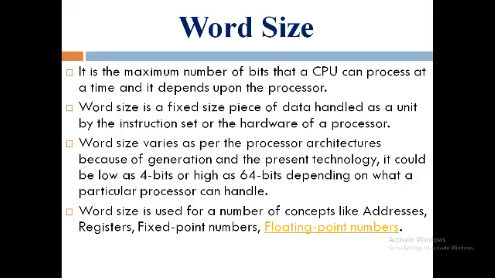Word size varies as per the processor architectures because of generation and the present technology. It could be as low as 4 bits or as high as 64 bits depending on what a particular processor can handle. Word size is used for a number of concepts like addresses, registers, fixed point numbers, floating point numbers.